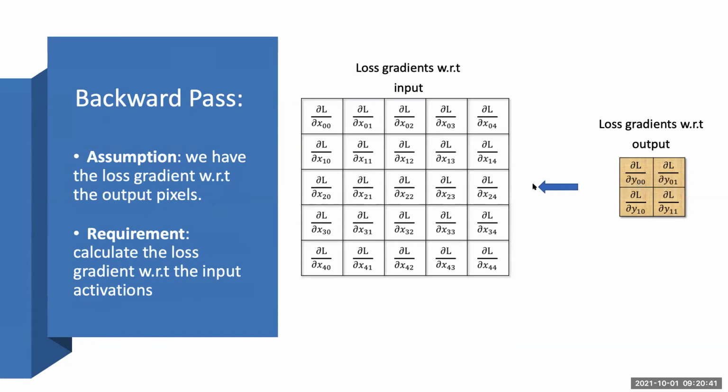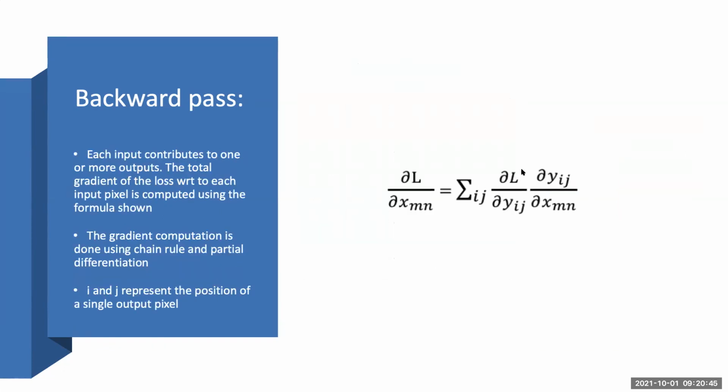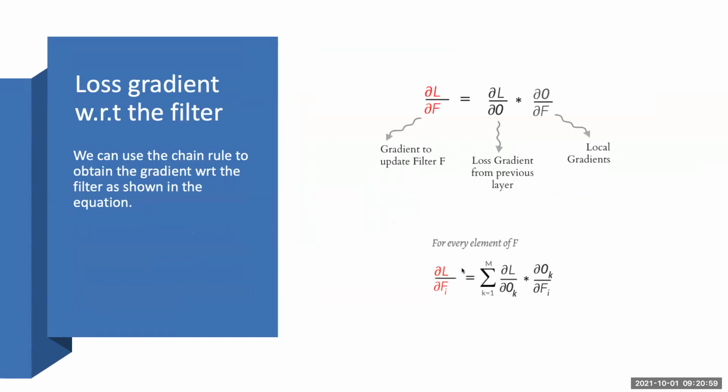And yeah, so how do we do the backward pass in this case? It's basically the same formula as we had from before, I'm just going to quickly throw us back there. It's similar to this formula here, where we have a summation over the partial derivatives between the loss gradient and the local gradient.